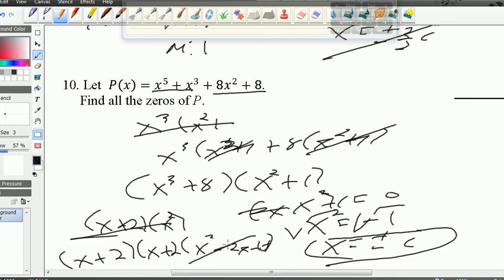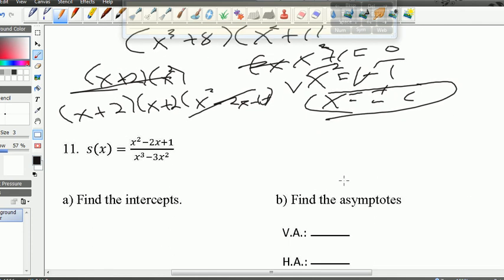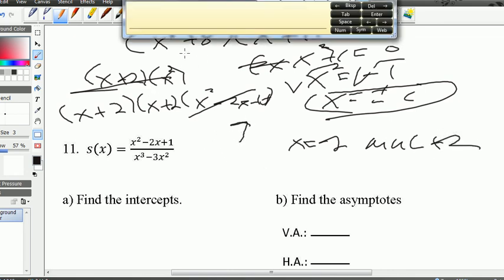That guy didn't give me my 0. This guy gives me my 0. So the only 0 must be x equals minus 2, multiplicity of 2. You need to go back and review that difference of cubes and the sum of two cubes rule.